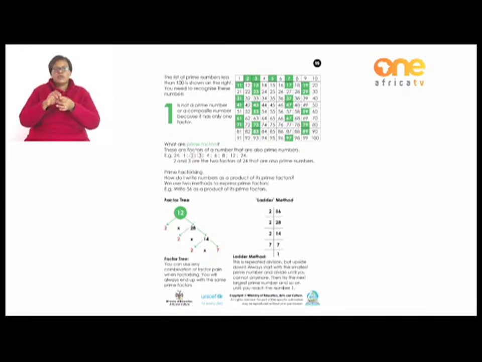The ladder method is a repeated division, but upside down. Always start with the smallest prime number and divide until you cannot. Then try the next largest prime number, and so on until you reach the number 1.